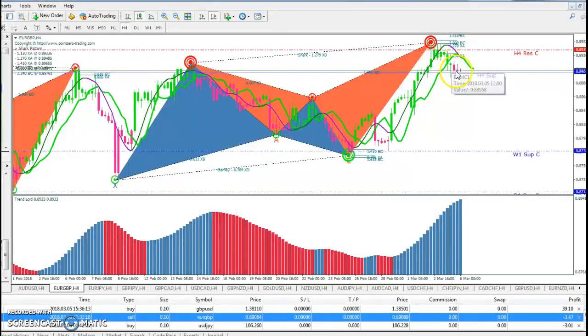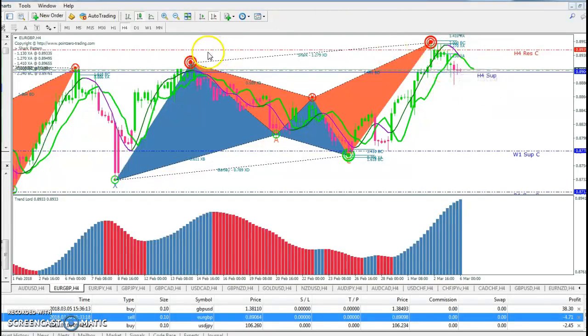I have red trend candlesticks. I don't have a red trend lord here, but I'm going to enter the trade, and I did just a few moments ago. So that's why I entered this trade. You got pattern, super dot, red trend candlesticks have changed over, and it's below the 4 moving average.